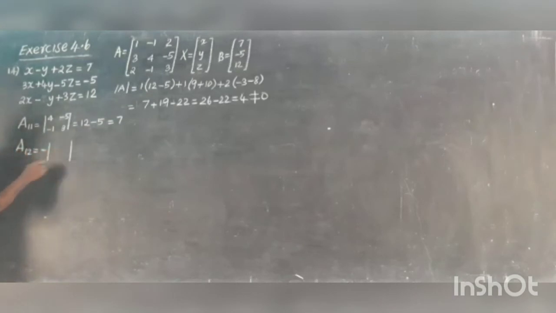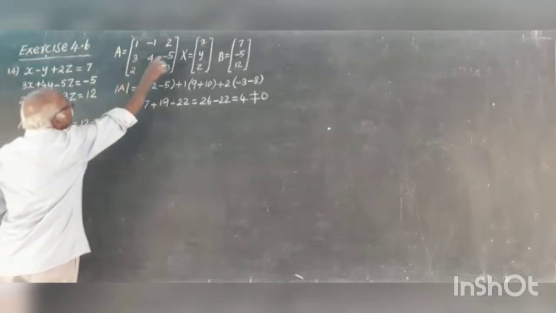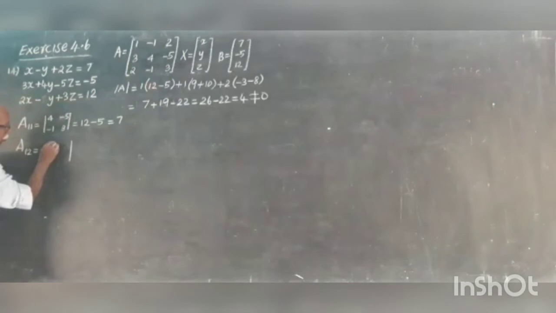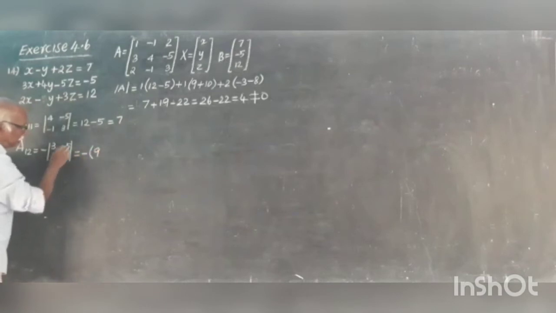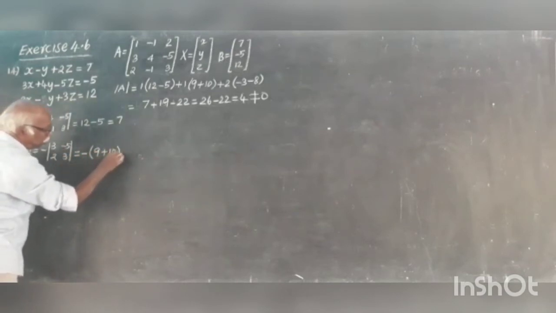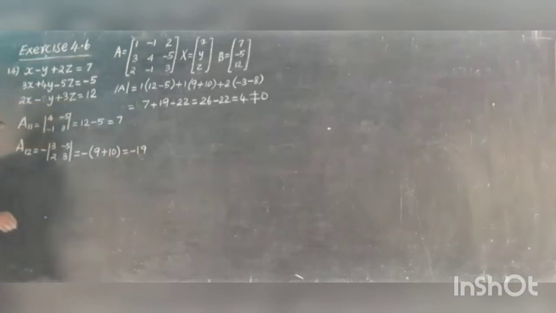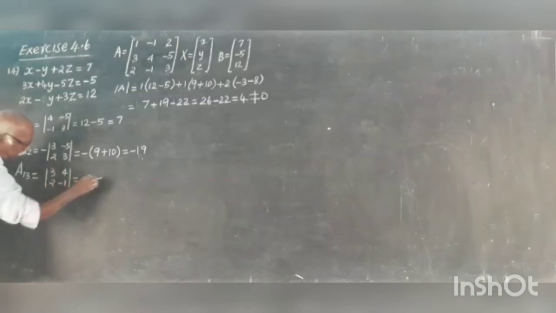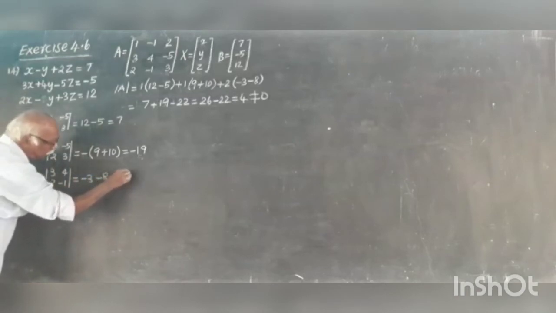A12: minus 1 plus 1 plus 2, 3 minus 5, 2 3, minus of 3 into 3, 9 plus 10, minus 19. A13: 3 4, 2 minus 1, minus 3 minus 8, minus 11.